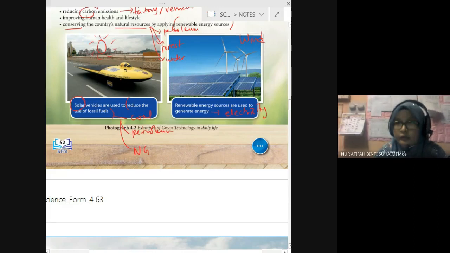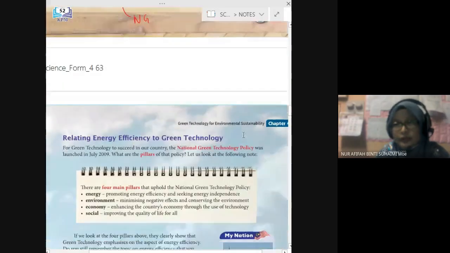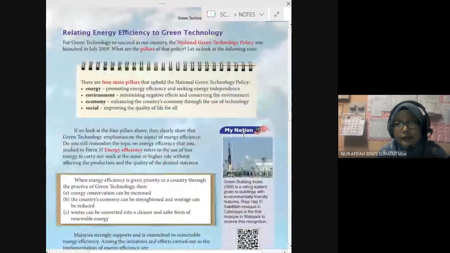Other than wind, we also use water, hydroelectric power station, hydroelectric energy. We build and use hydroelectric power stations.